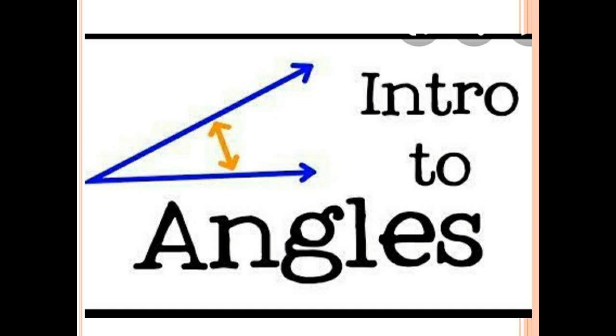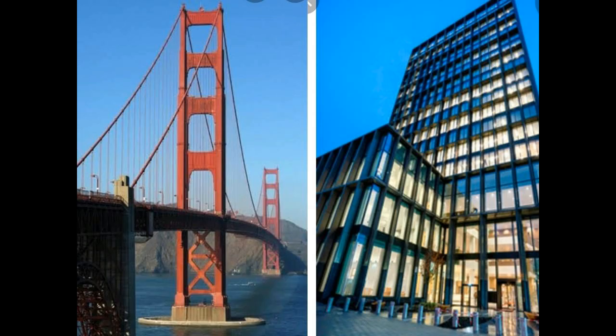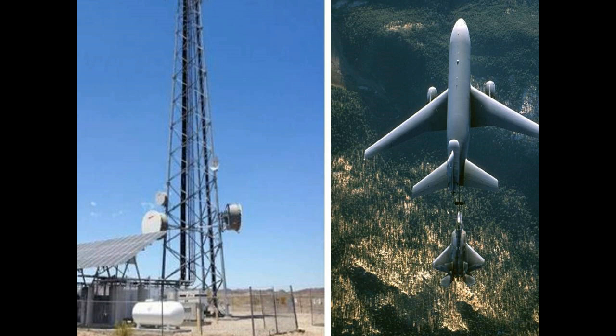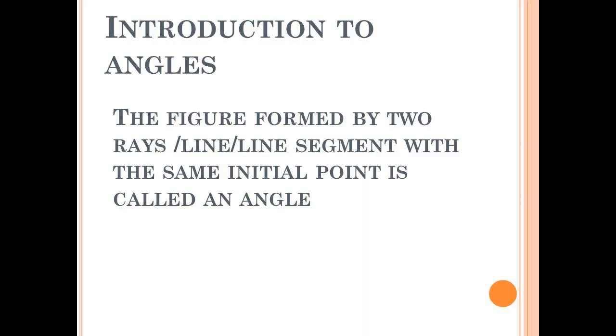Introduction to angles. Angles are used in bridges, buildings, cell phone towers, wings of planes, bicycles and doors. The figure formed by 2 rays or line segments with the same initial point is called an angle.